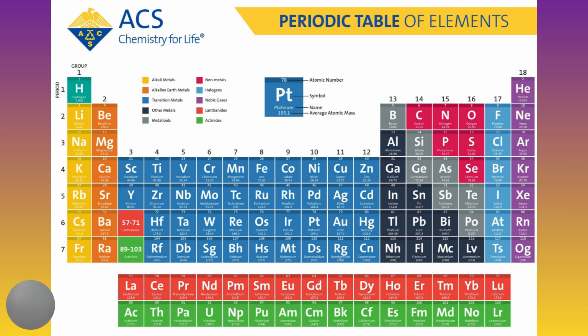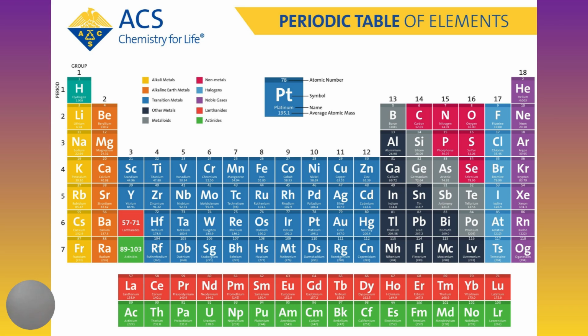So we have the alkali metals, alkaline earth metals, transition metals, other metals, metalloids, nonmetals, halogens, noble gases, lanthanides, and actinides. Now, class, why do we need to review this periodic table? Because we will be talking about some terms from the periodic table.